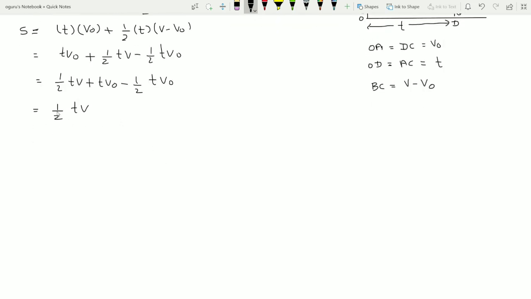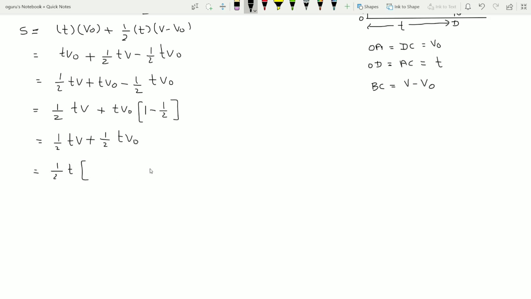That is equal to half into TV plus, taking TV naught common, 1 minus half, which gives half into TV naught.